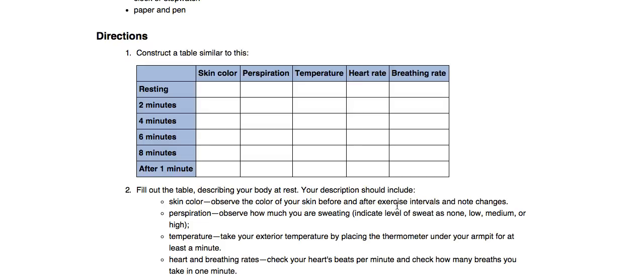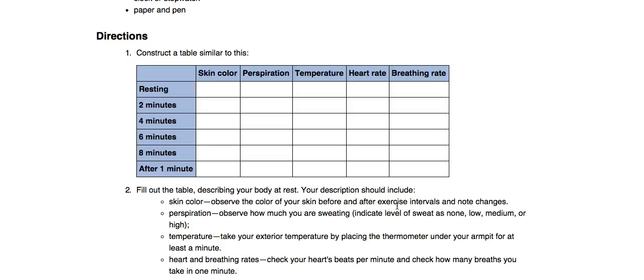Most of us at normal body temperature are somewhere around 98.6, give or take a degree one way or another. So for this project at resting, if you don't have a thermometer, you can just use normal body temperature to start. So you can say 98.6.